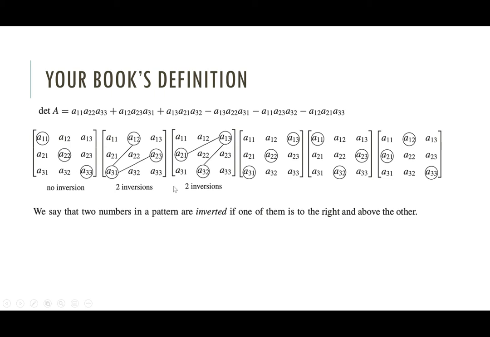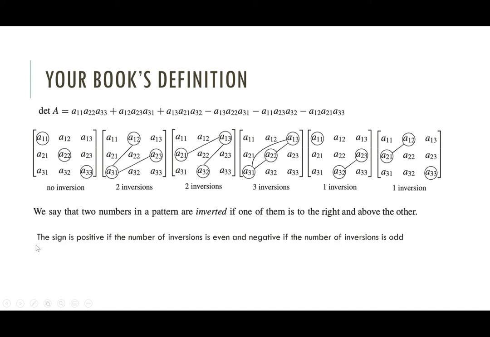Similarly, this has two inversions because A13 is above and to the right of both A21 and A32. This, you might think, has two inversions, but actually it's three because both of these are above A31 and this is above A22. All right, this is one inversion and that has one inversion.